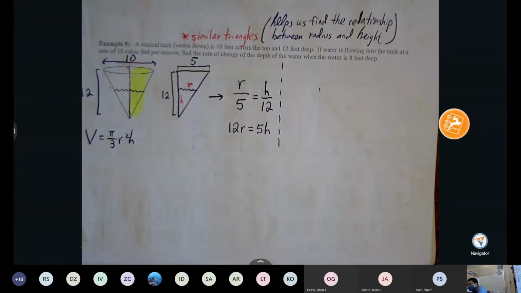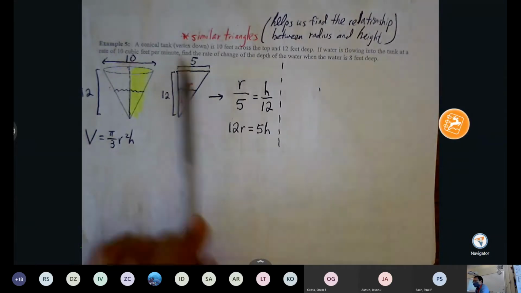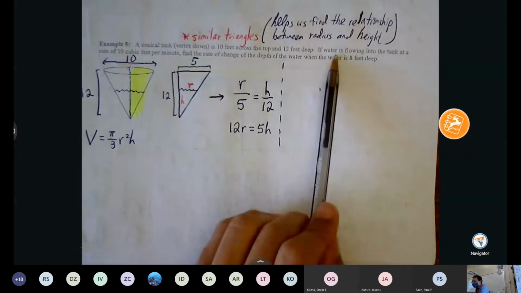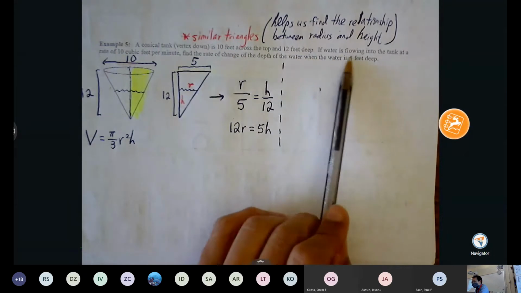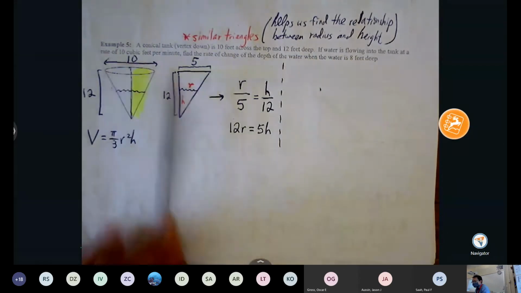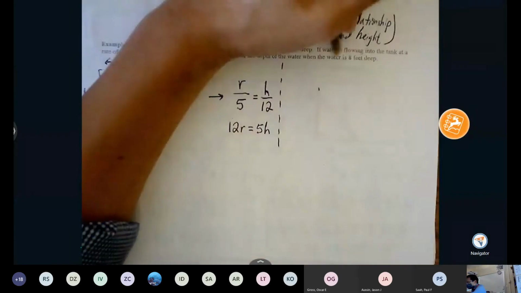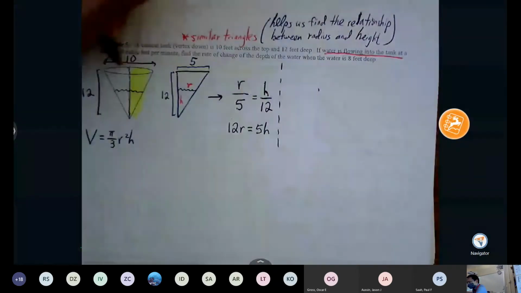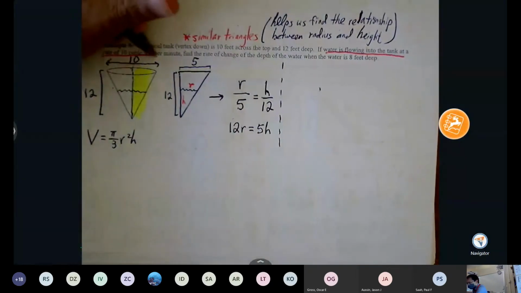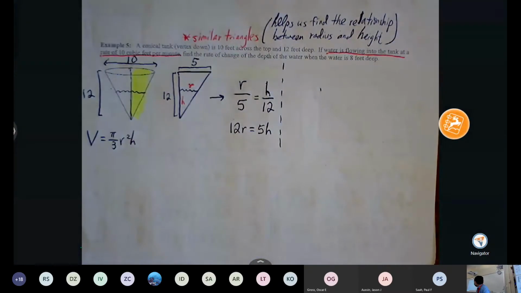Okay, so back to our problem here. We have the dimensions of the tank. Next sentence. If water is flowing into the tank at a rate of 10 cubic feet per minute. Okay, so what do we assign that to? Maybe the variable hasn't shown up yet, but we should be able to assign it though. dV dt.